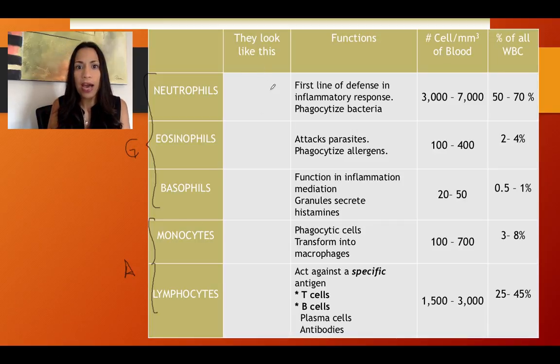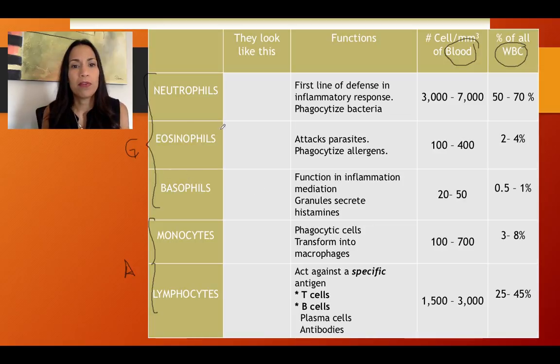I'm going to show you how these cells look, the main function, and the normal amount of these cells in blood, important, this is in the entire blood. And then I'm going to tell you the percentage of these types of cells of all the white blood cells. I'll explain that for each cell.